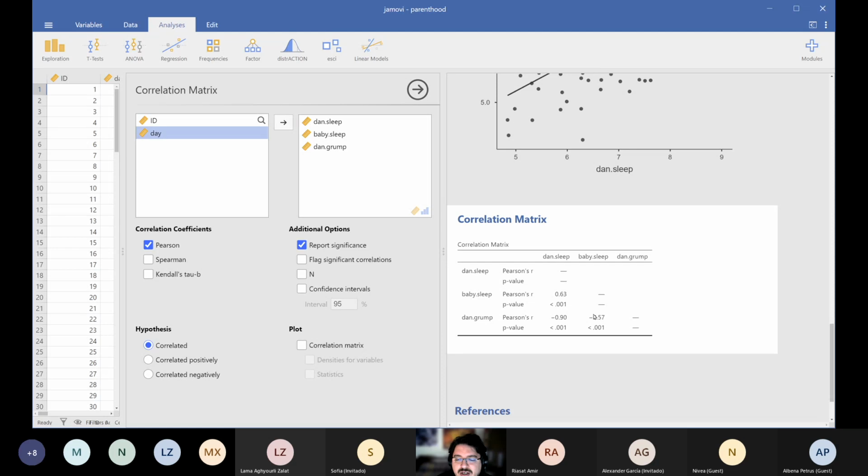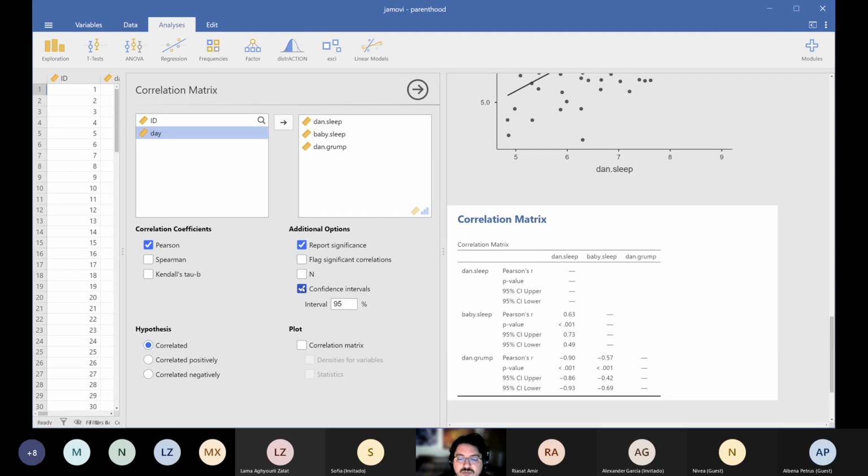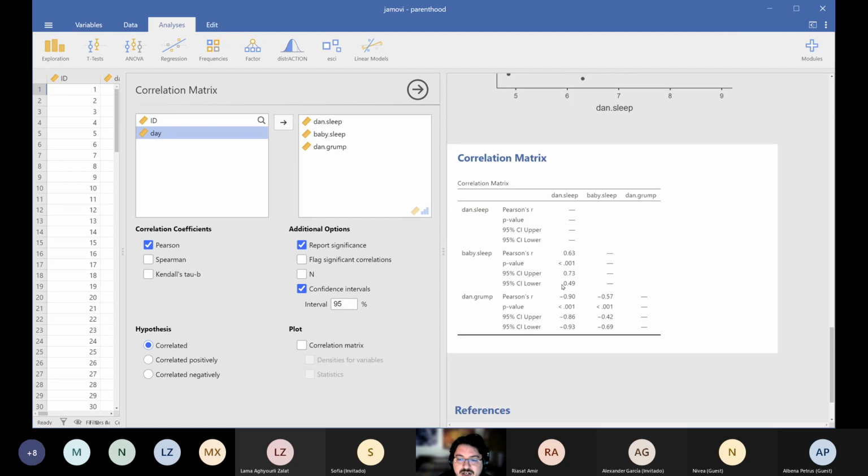they really different? I told you that we always have uncertainty about any measurement or any guess that we make, or the estimation of any parameter that we make, right? And to see that, we can use the confidence intervals. And if you see here, now we have a range for values that we would be confident about, that contain the true correlation of, in this case, baby sleep and Dan sleep and the others, okay?